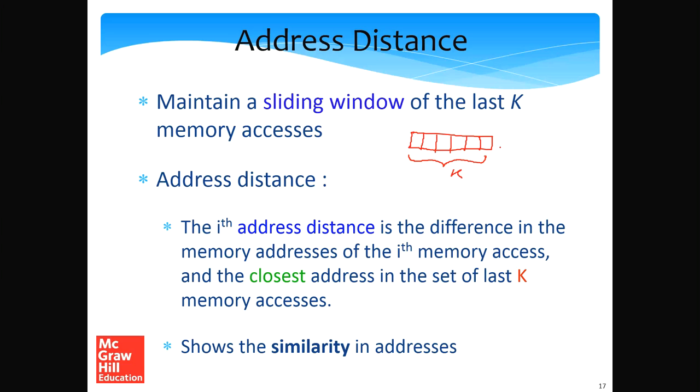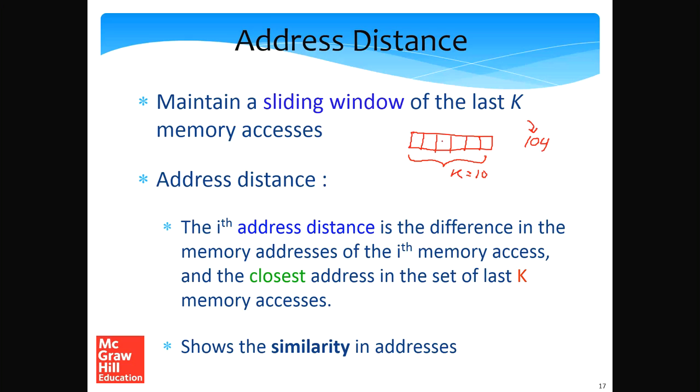Let us define the address distance as follows. The ith address distance is the difference in the memory addresses of the ith memory access and the closest address in the set of the last k memory accesses, right? Let's assume k is equal to 10, so I maintain a window of the last 10 memory accesses. Now let's say I access address number 104.